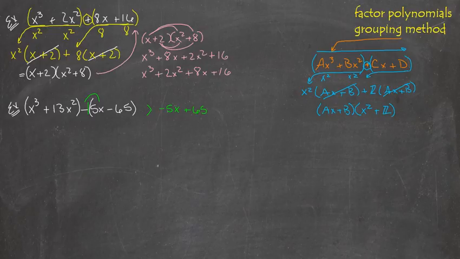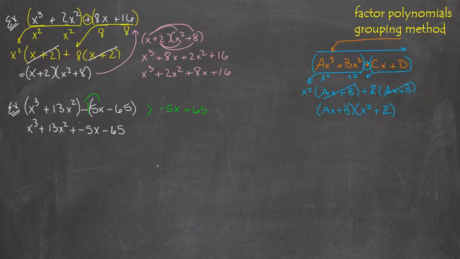So instead, I'm going to rewrite this: x cubed plus 13x squared, not really a problem. But instead of minus 5x, I'm going to write plus a negative 5x. And then minus 65. So I'm going to make this small adjustment of putting a plus minus, because really minus 5x is exactly the same thing as add the opposite of 5x.